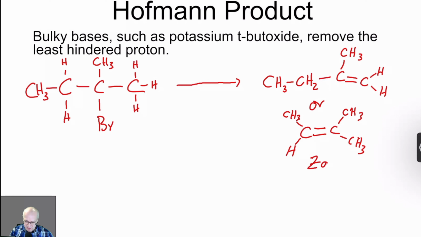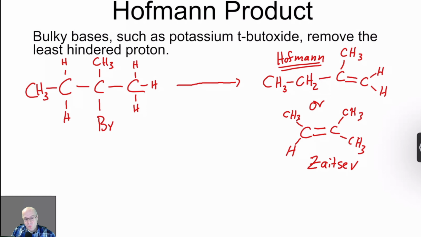This is known as the Zaitsev product. Remember, Zaitsev's rule says when given the chance, an elimination will form the more substituted double bond. This is known as the Hoffman product, the least substituted product.